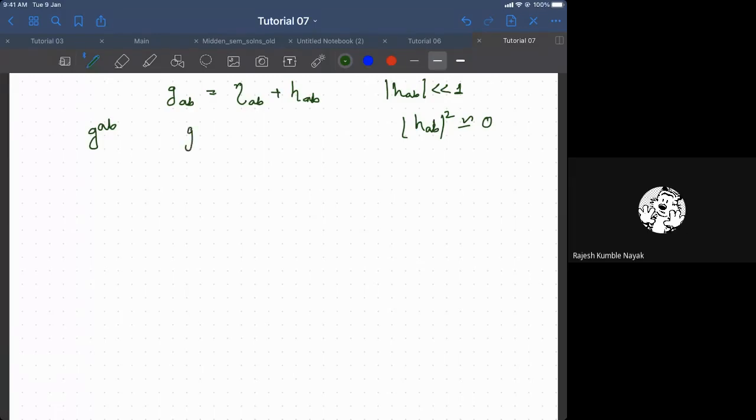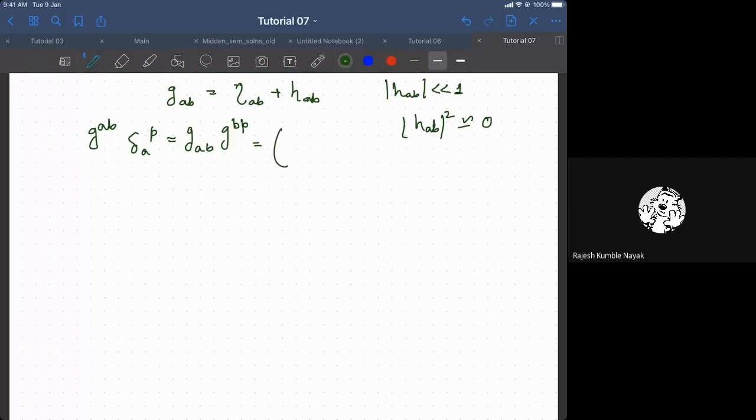So let's multiply this A, B, let us say B, P. So this is the condition which we have between the two. So this has to be delta A, P. This is the condition for the inverse metric.